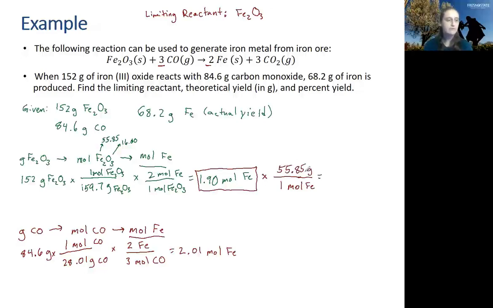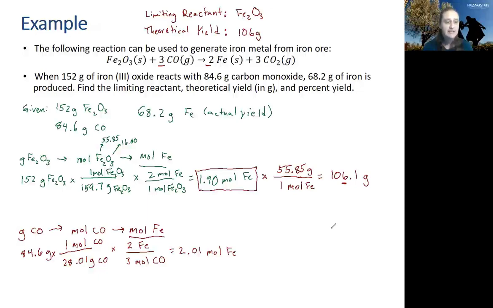And so we would have a total of 106.1 grams. So this is my theoretical yield, although I should really only have 3 significant figures. So when I report my final answer, I want to make sure that that's all I report.